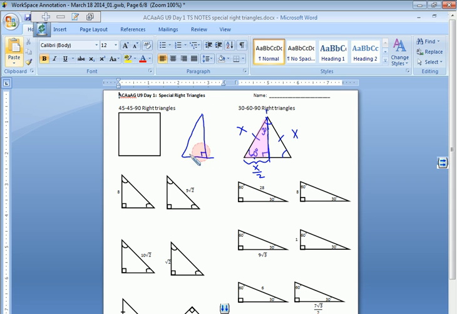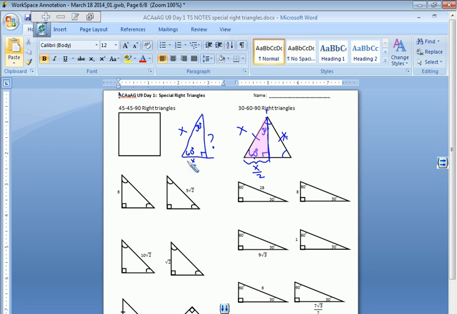Okay, so we said this is 60, and we know this has to be 30, and this was x, and this is x over 2. So I had to find this side. What do I do, guys? Okay, so you're thinking there's going to be some kind of shortcut. Do we know the shortcut yet? No. So what did we use to find the last shortcut? We used Pythagorean theorem.